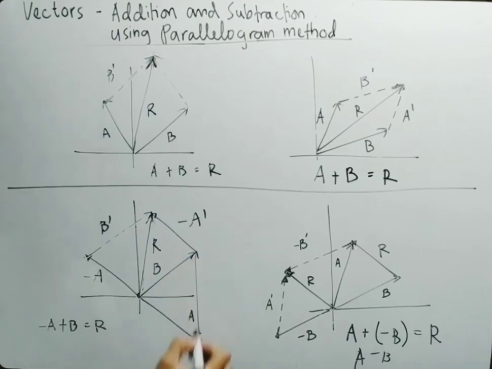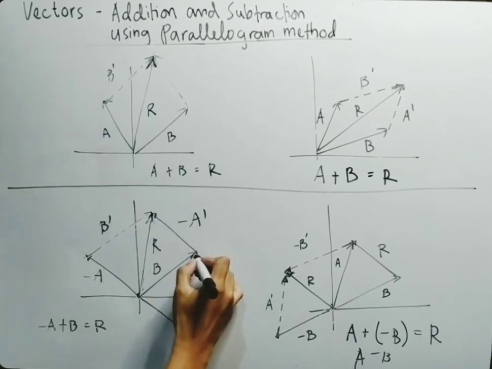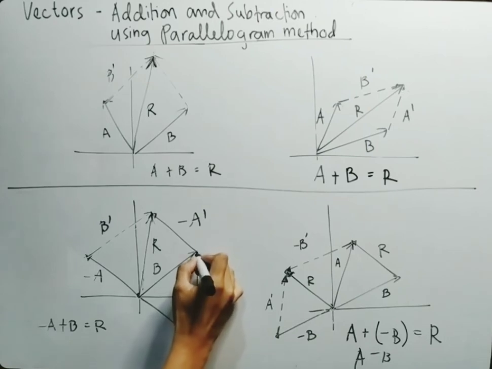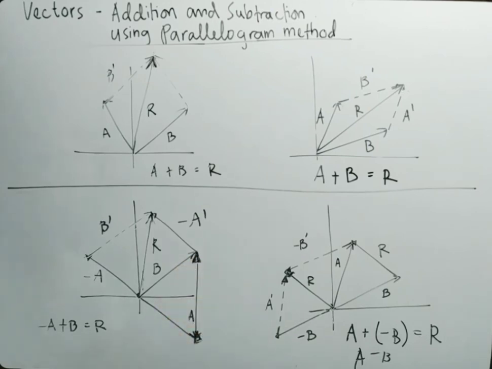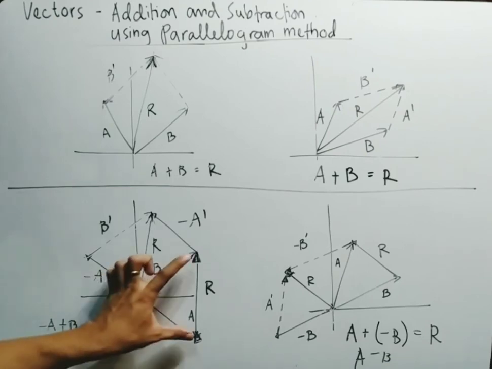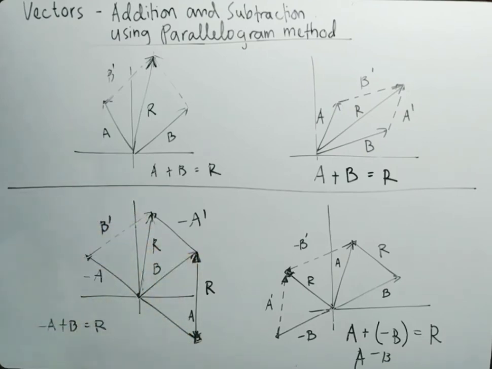It's not quite parallel in my drawing. And this is the direction. So this is also the same as R. So these two lines are parallel to each other. And that's how you do the parallelogram method in adding and subtracting vectors.